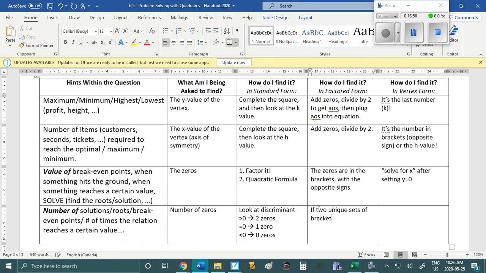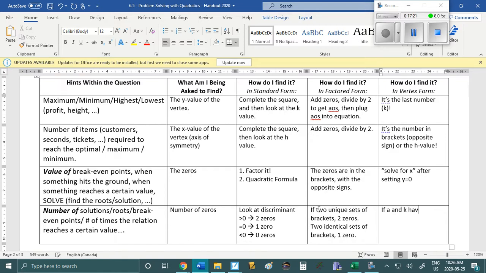Okay, in factored form, if there are two unique sets of brackets, 2 zeros. Two identical sets of brackets, 1 zero. And if there are no zeros, there is no factored form. It doesn't exist. In vertex form, remember this is like the A and K thing.